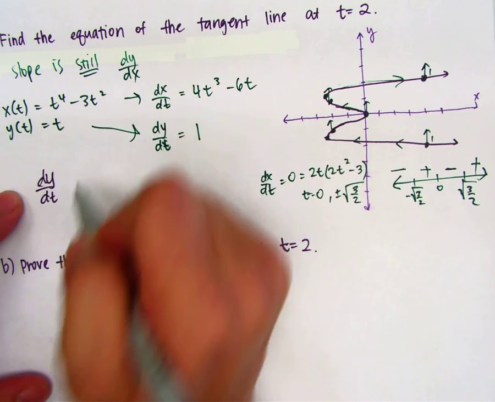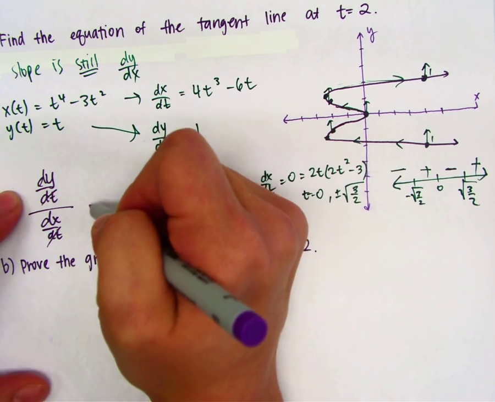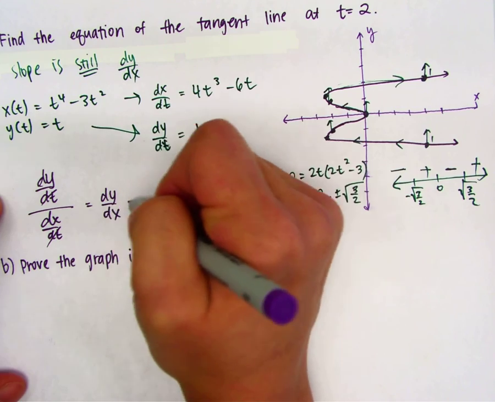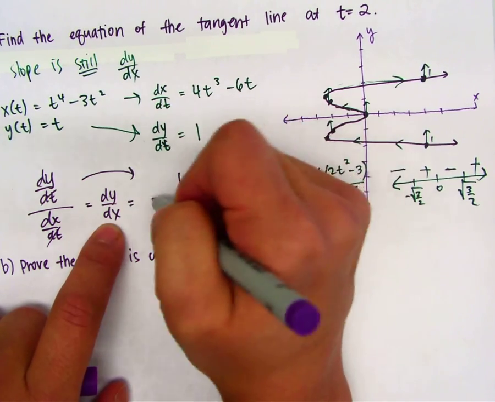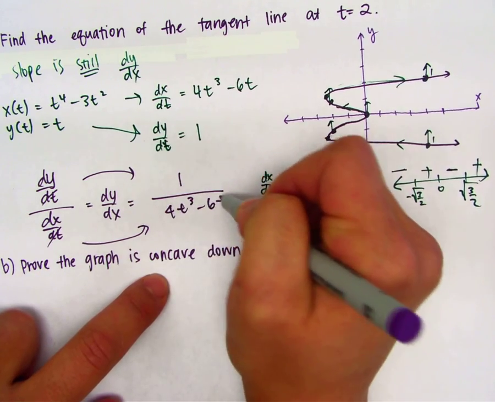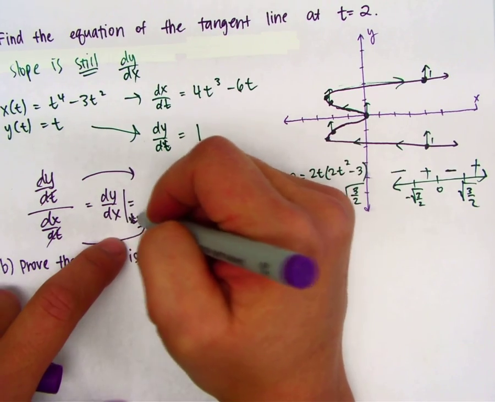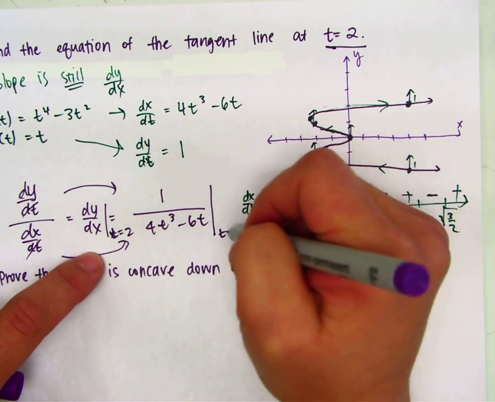Do you see how those dt's will cancel, and you'll be left with dy dx? So right here, dy dt is 1, and dx dt is 4t cubed minus 6t. And then you can find that at t equals 2, which is what the question was. Find this at t equals 2.